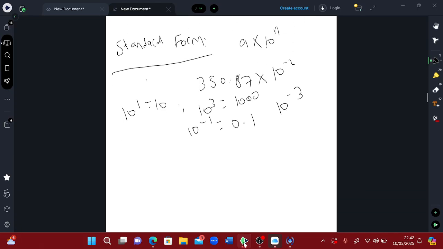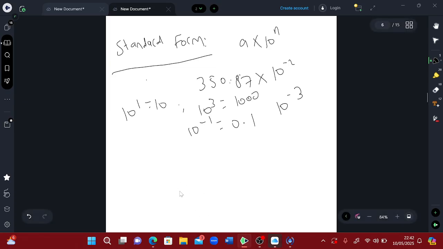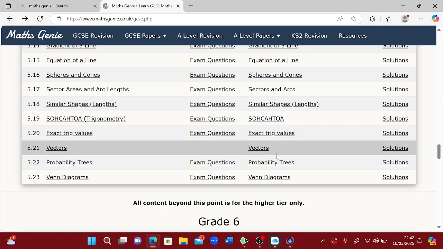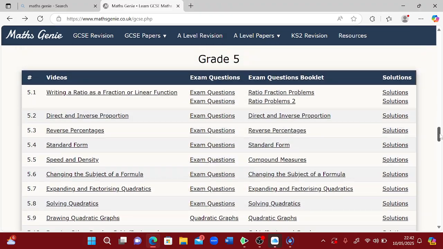Okay, so for the purposes of non-calculator, there are some question types you need to be aware of that they could ask in a non-calculator. Where is it?